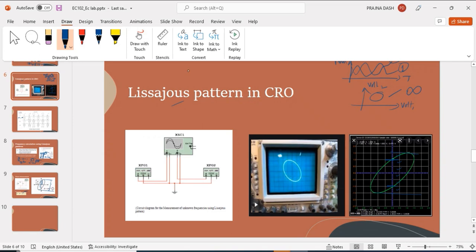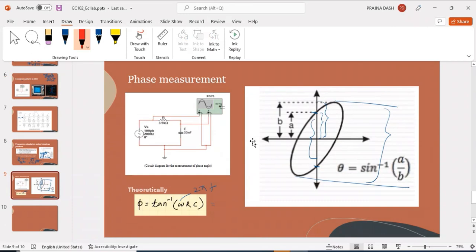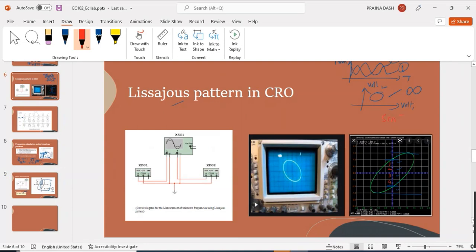Count 1, 2, 3, and 4. So total 4 divisions, and the other is 6 divisions. What will be the ratio? As per the formula, sine inverse A by B, the value will be sine inverse of 4 by 6. This will give you the phase difference between the two signals.